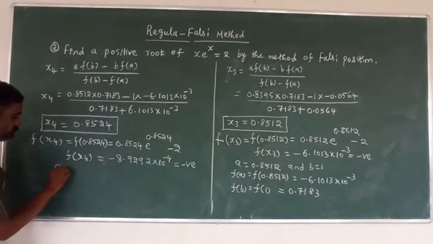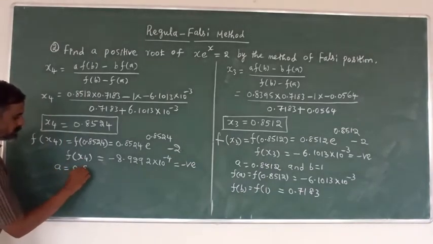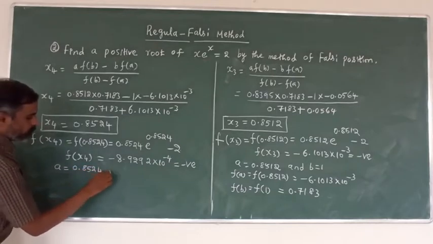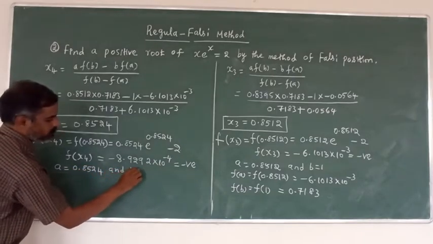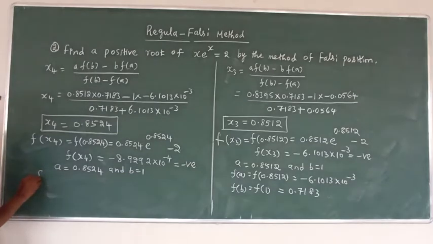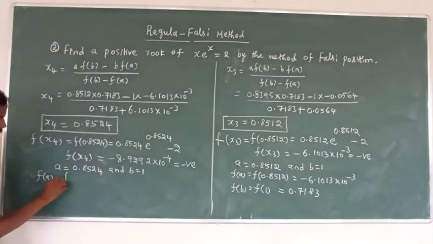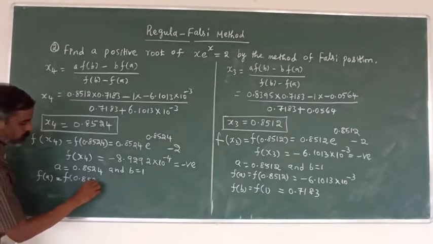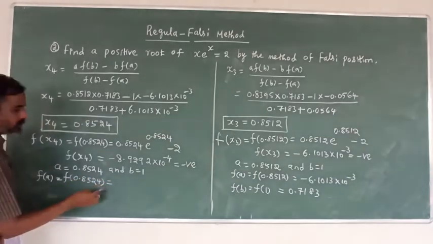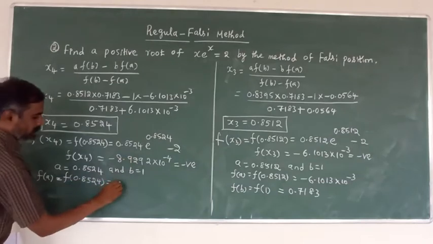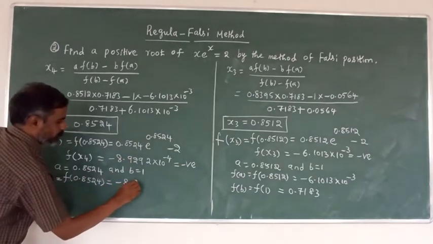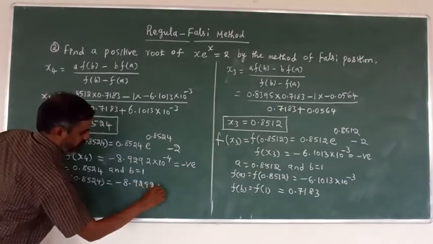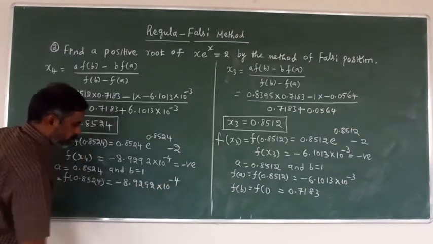Now a value 0.8524 and b value 1. Now to find out f of a equal to f of 0.8524 equal to, already we got the result 8.9292 into 10 to the power of minus 4.